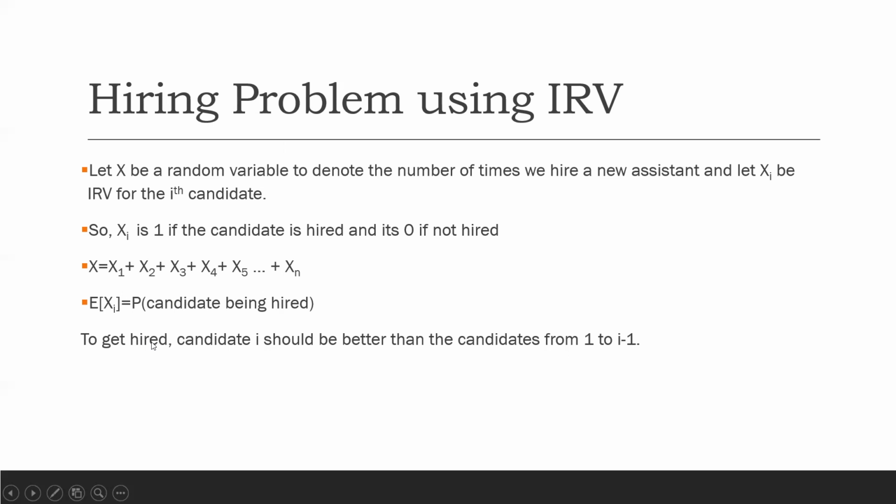For the ith candidate to get hired, the candidate should be better than the previous candidates, 1 to i minus 1. So the probability of a candidate being hired would be equal to 1 by i.